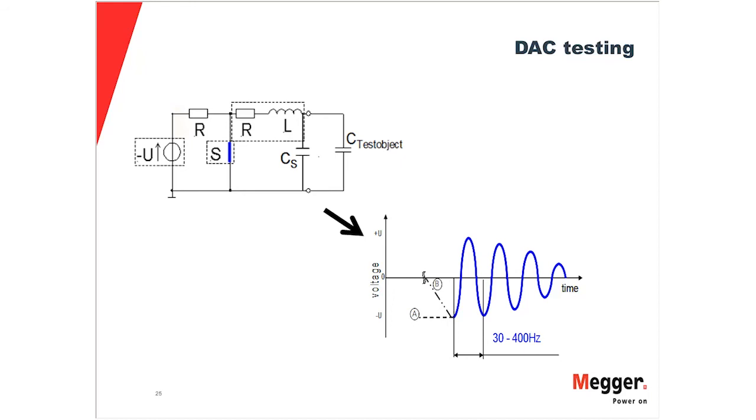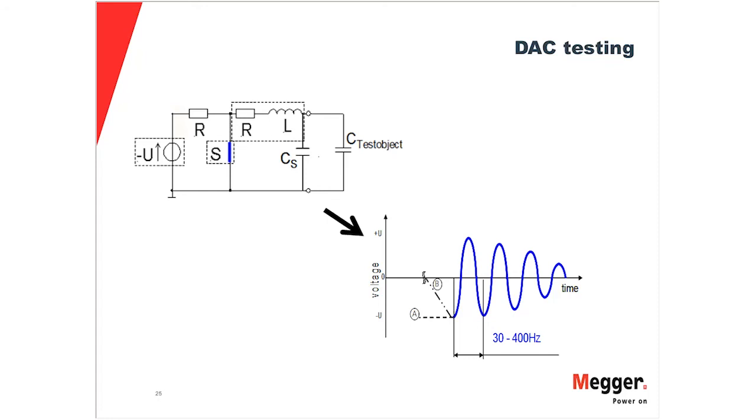So to address that, we have developed this DAC testing method, which is basically having just a negative power supply, but apart from this, the whole network is similar to the cosine rectangular. We charge the cable. Once it's charged, we short circuit the circuit, allow the system to swing into resonance, and during that we get a sinusoidal waveform which allow us to do a partial discharge test.